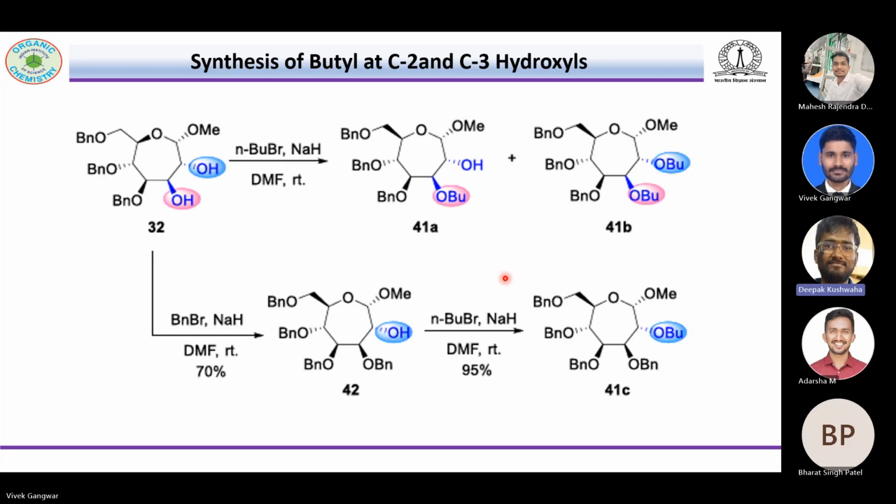But in both cases the reagents are the same. In one case they are getting C3 and in another case C4 protection. No, both are single. If the equivalent is 1.2 of butyl, they are using it, so about 80% they are getting this one. Yeah, both are different. I thought both were benzyl bromide. One is benzyl, one is butyl. Okay, good.